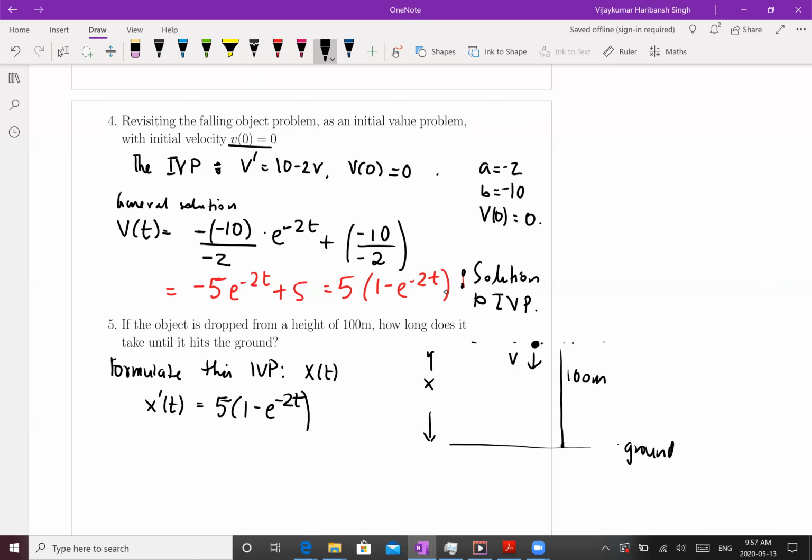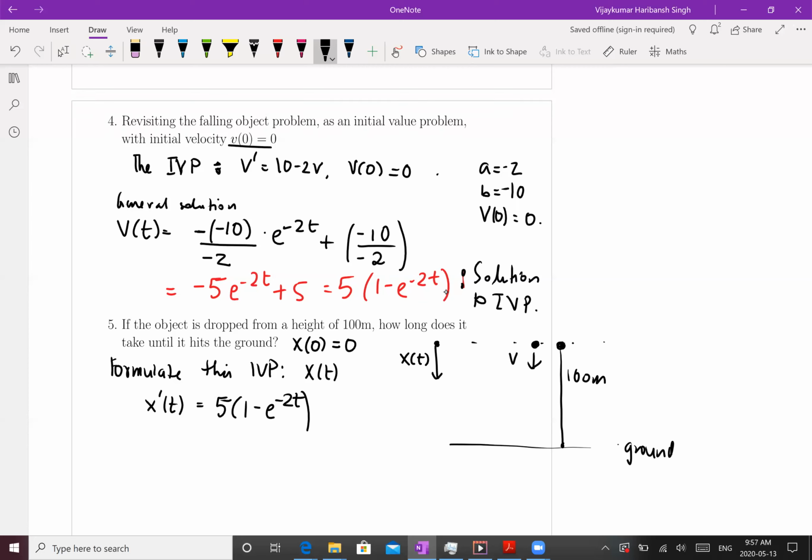So you can change your outlook. Let this x be the distance from here to here, x at time t. So you will have x of 0 is 0, right?